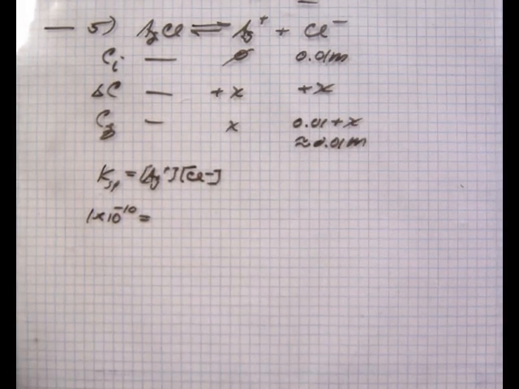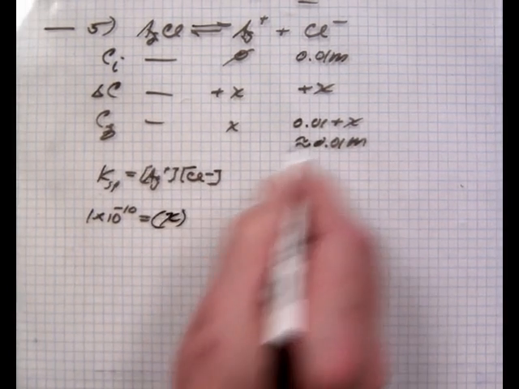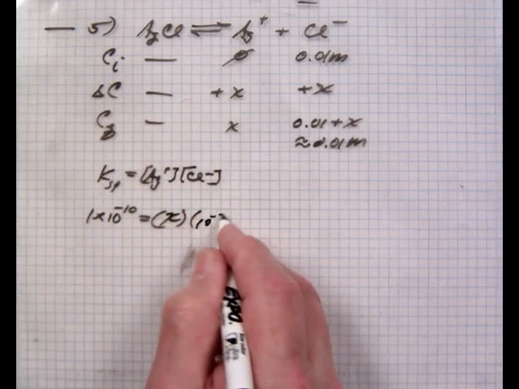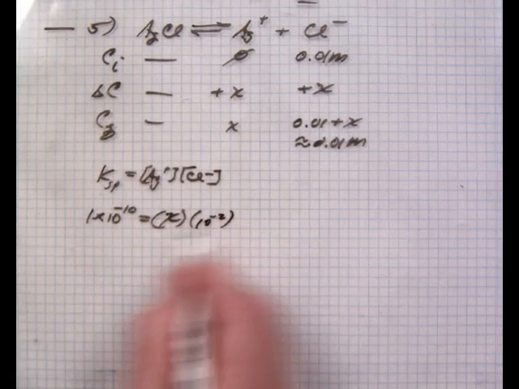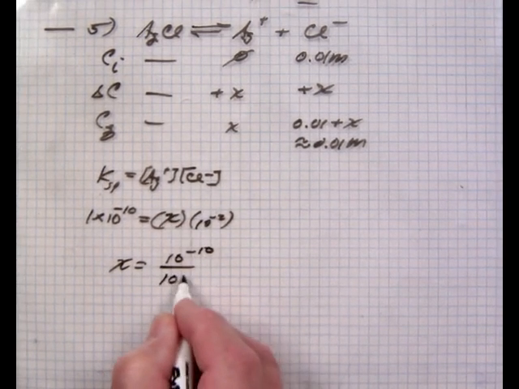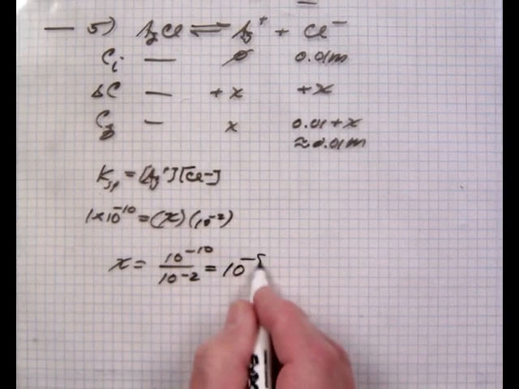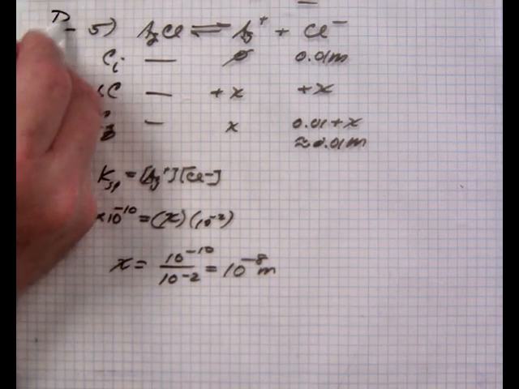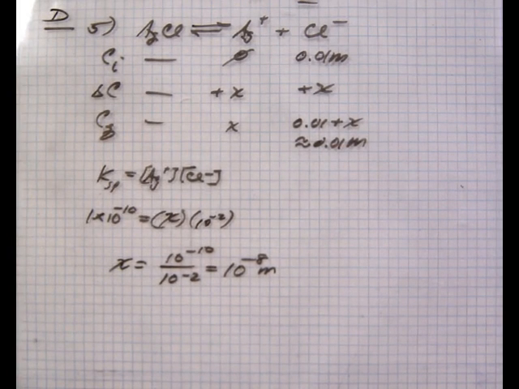Silver X would be the solubility, and chloride is 10 to the minus 2, to make it easy, molar. And so this would give us X to be 10 to the minus 10 over 10 to the minus 2, or 10 to the minus 8 mole per liter in silver ionization, and that is D choice in that case.